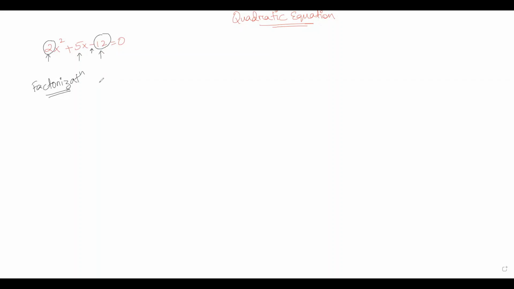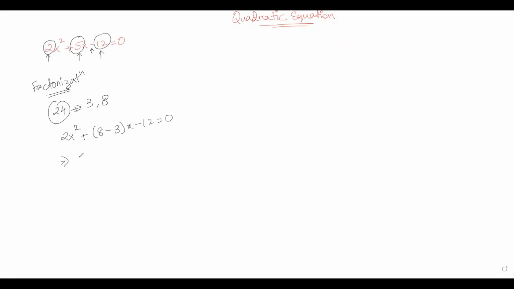So using this negative sign and by taking the factors of 24, we need to make this 5. We know 24 has factors 3 and 8, and 8 minus 3 will give us 5. So let us write this quadratic equation as 2x square plus 8 minus 3 x minus 12 equals to 0.